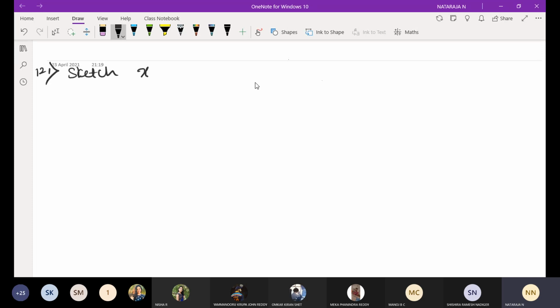Sketch x of n is equal to u of n minus u of n minus 4. You have to sketch the signal for x of n by making use of u of n minus u of n minus 4. How to sketch the signal?